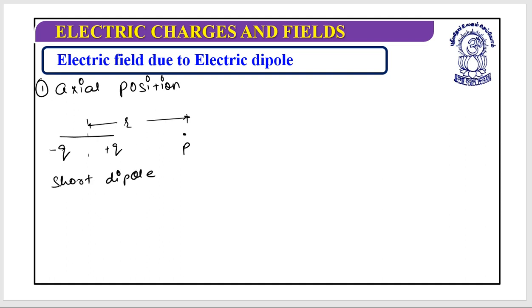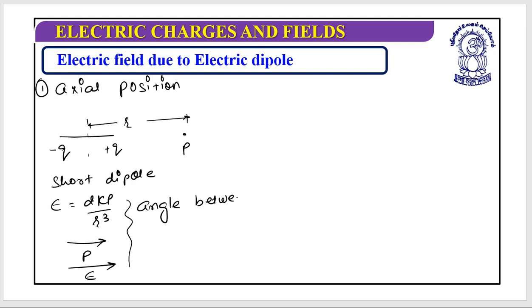Then what you know is the electric field is 2 kp by r cube. The direction of dipole moment is in this direction, and the direction of electric field is also in this direction. So the angle between p and E is 0 degrees.